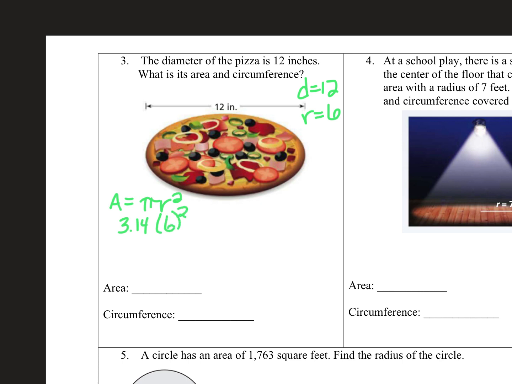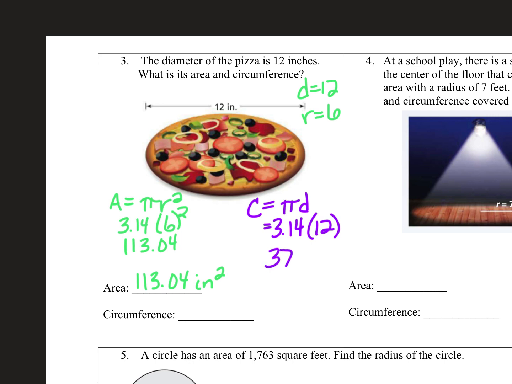In your calculator, you type exactly that, and you get 113.04 inches squared. The circumference is pi times diameter. So that's 3.14 times 12, which gives you 37.68.